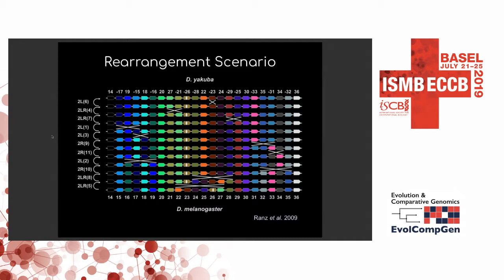In our case, we're looking at human and mouse. Some of the main questions have come about 30 years ago, introduced by some of the people in this room, who I won't name names, but one of them is giving a talk after me.